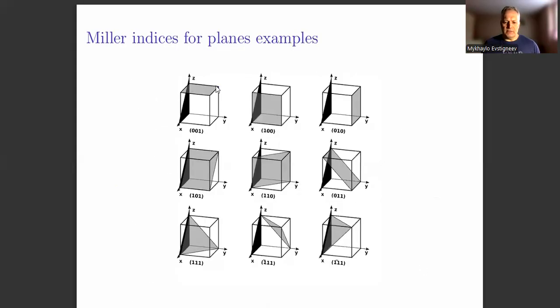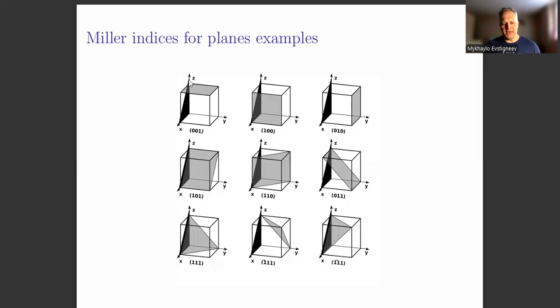All right, so here are some examples of planes with given Miller indices. For example, this one has Miller indices 0, 0, 1. This is a unit cell of a cubic crystal. Here is the x-axis pointing out of the plane of the figure. The y-axis points to the right, and the z-axis points up.